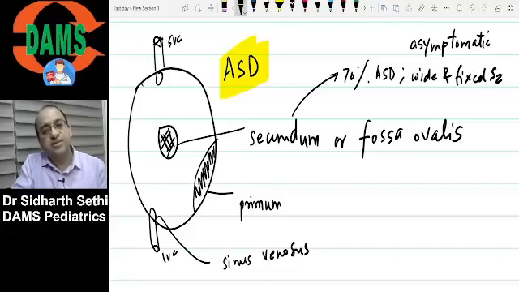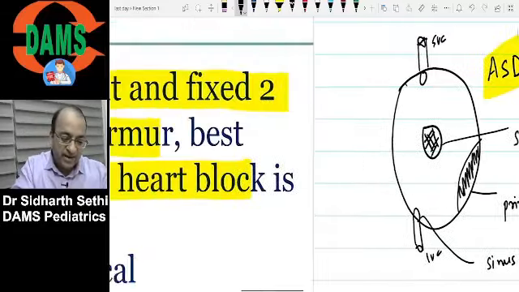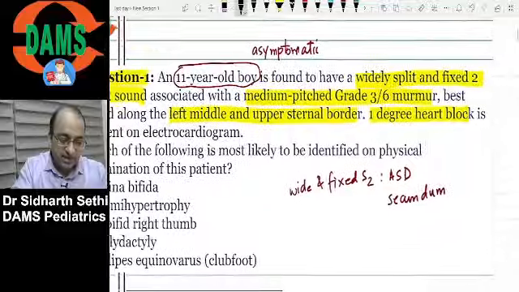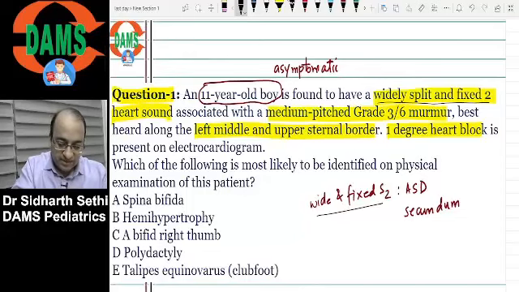So I just showed you, for those who joined late, an 11-year-old asymptomatic child having a wide and fixed second heart sound. This is ASD secundum.